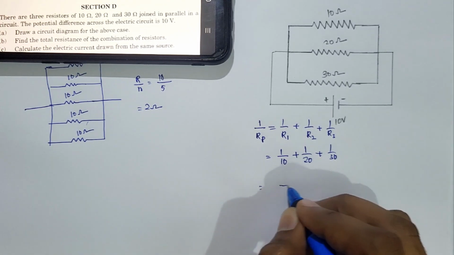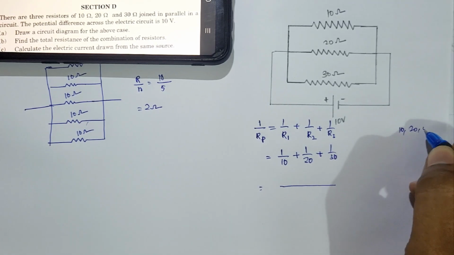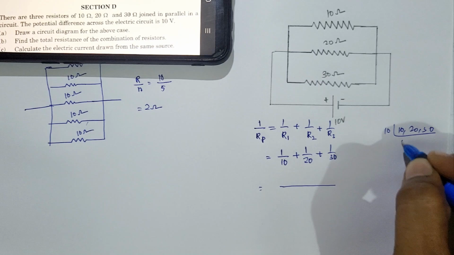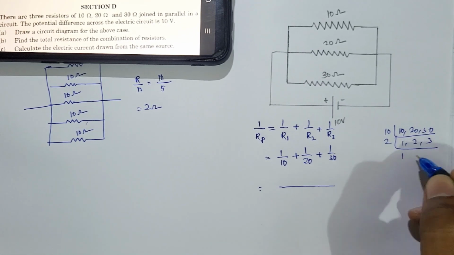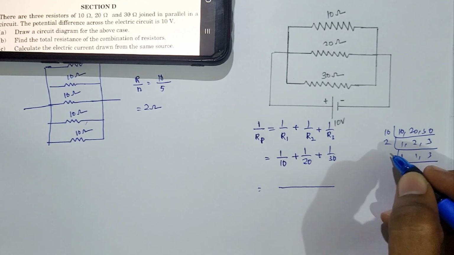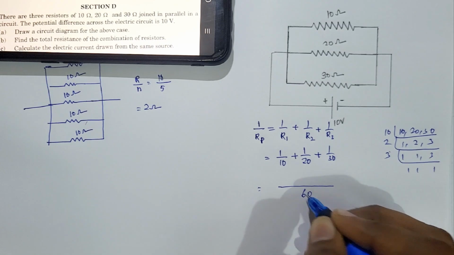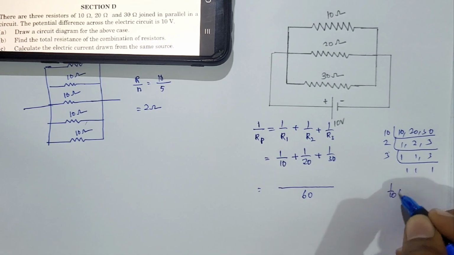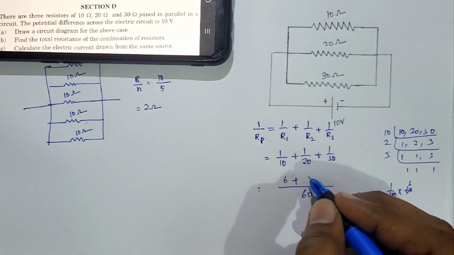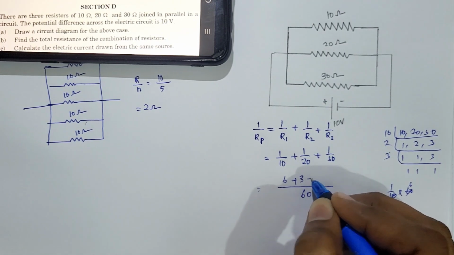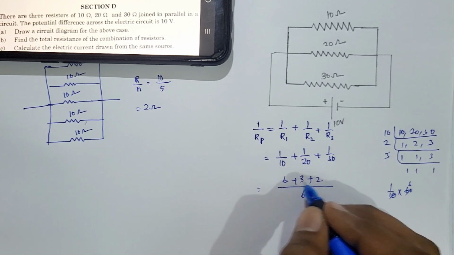See, 10, 20, 30. What will be the LCM? It will be 60. 1 by 10 into 60 is 6. 1 by 20 into 60 is 3. 1 by 30 into 60 is 2. 6 plus 3 is 9, 9 plus 2 is 11.